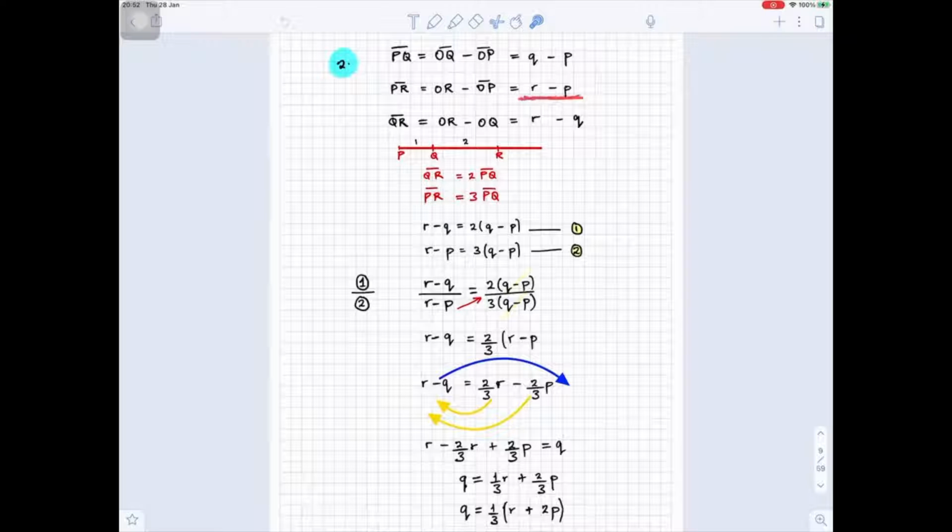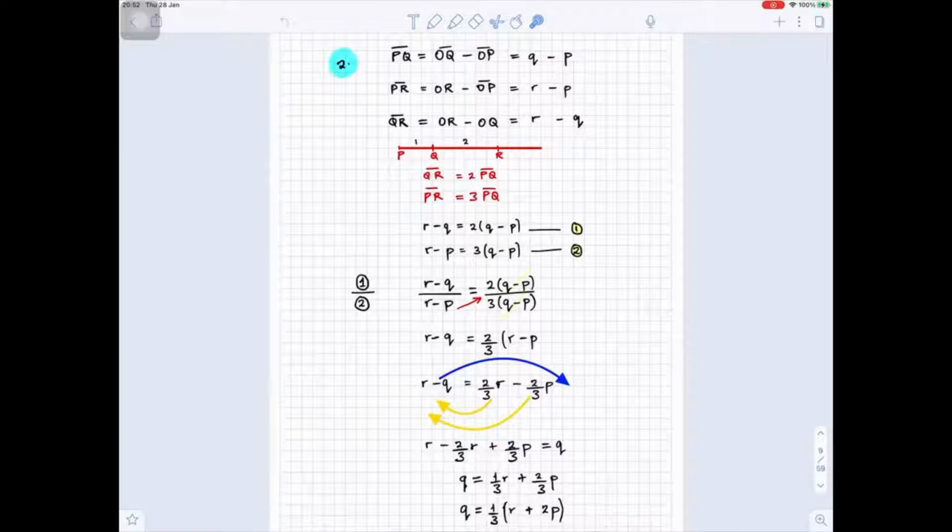So it's r minus p. And QR is OR minus OQ, which is r minus q. Now, if you imagine PQR on a straight line, PQ is just one part of it, and QR is two parts. So you can see visually that QR is 2 times PQ.